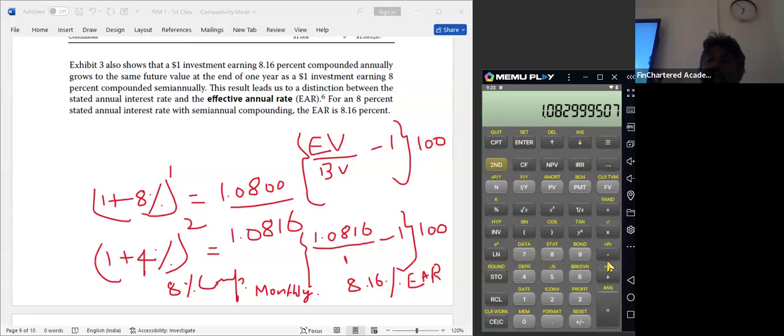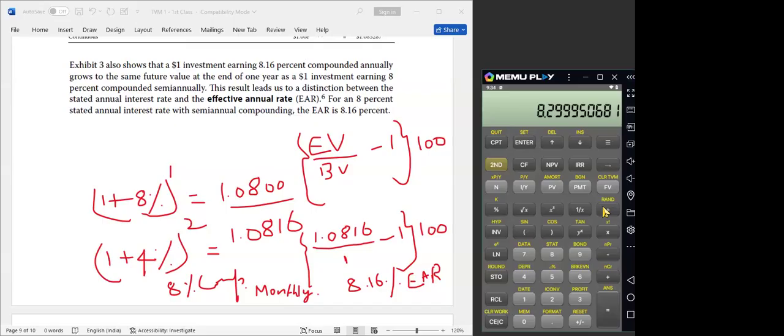So that part is done. Minus 1, that's also done, into 100. That's all. So you should be getting 8.29% as your effective annual rate in the case of monthly compounding. Makes sense, Bharti? Fine now? Yes. Okay, fine.